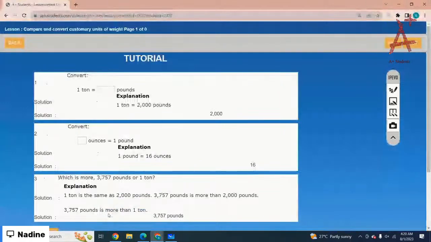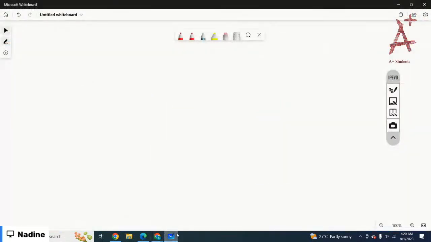Okay, the first one is 1 ton equals 2000 pounds, and 1 pound equals 16 ounces.